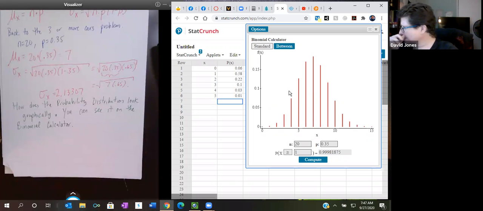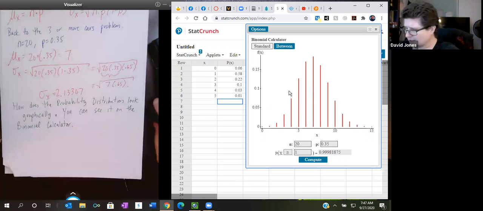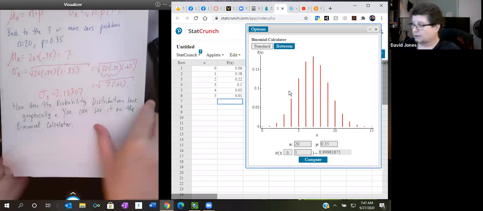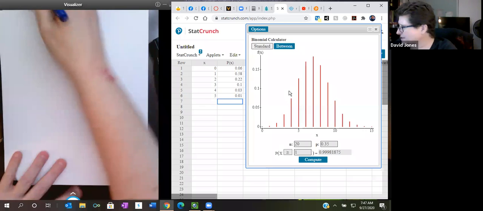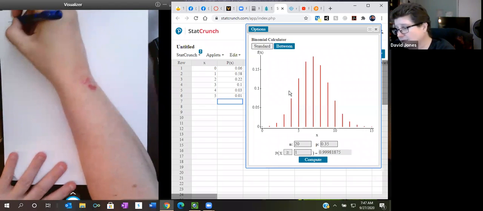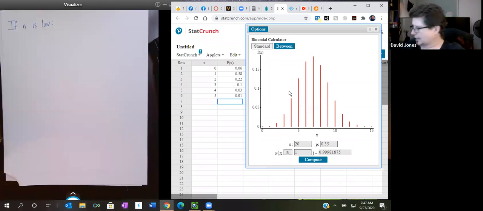So let's look at some scenarios. I'll do a new page for this. Let's first off say if n is low. Let's make n 10. That's not a very big value.